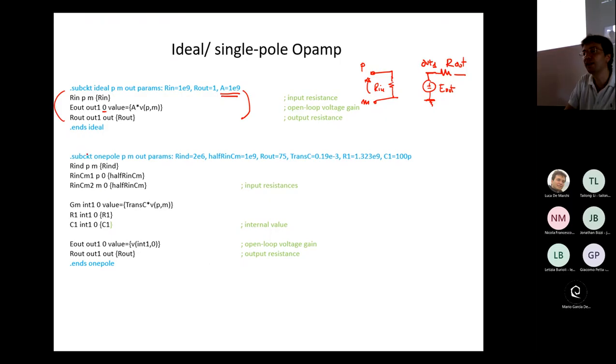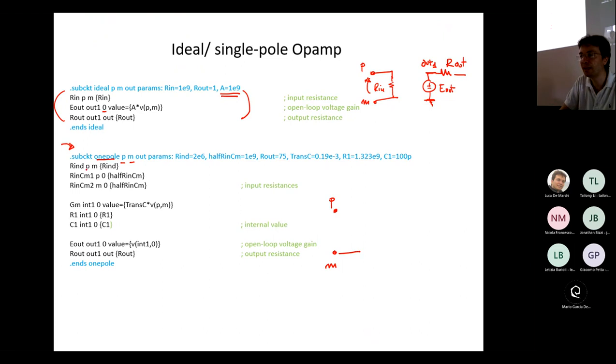Then I'm suggesting the use of a different subcircuit, a one-pole op-amp. So in this case, the subcircuit that we are simulating is something like this. We have, again, plus and minus as input nodes.